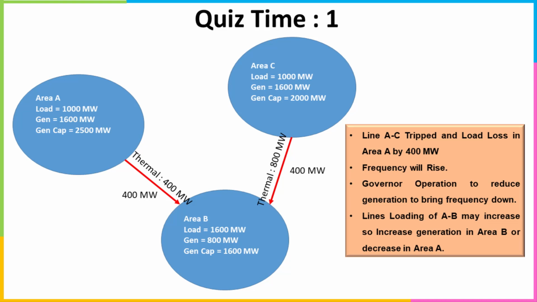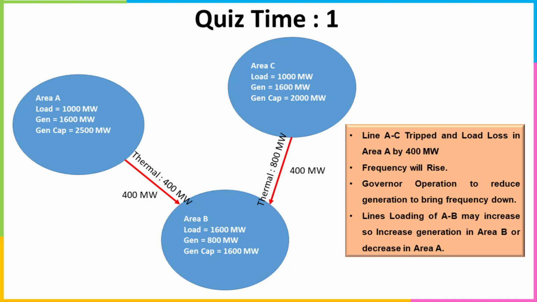As you can see, with generation and load there, there is a probability that these lines may get overloaded. Their thermal capacity was earlier 300 megawatt, and as these areas have an equal amount of generation and load, the flow can also go to 400 megawatt to supply this particular area.